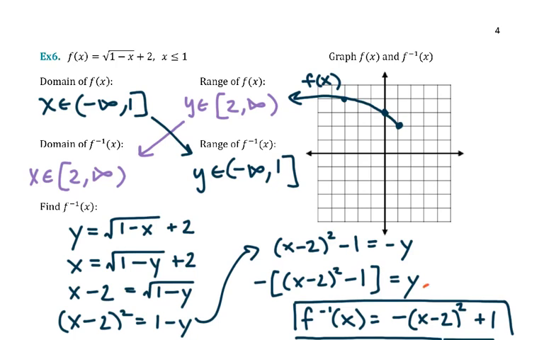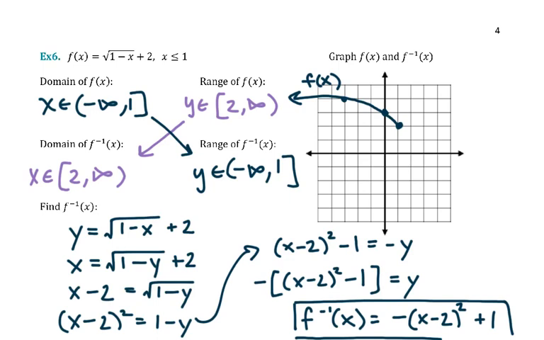Thinking about transformations, reflected down across the x-axis is what that negative does. We're going to shift right 2 units and up 1 unit.